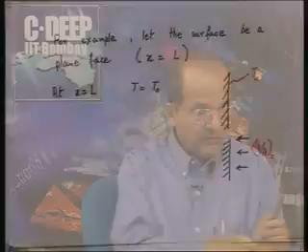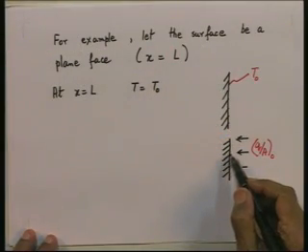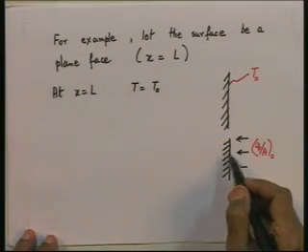Now, if all the flux that is falling is absorbed on the surface of the body, then by conduction that flux must be flowing into the body at the surface.